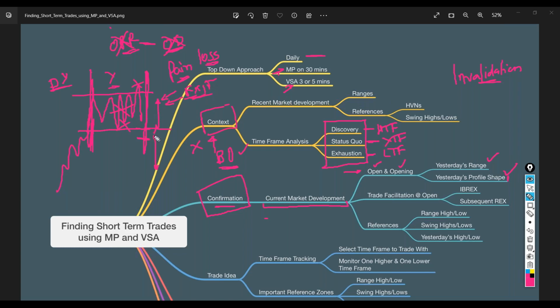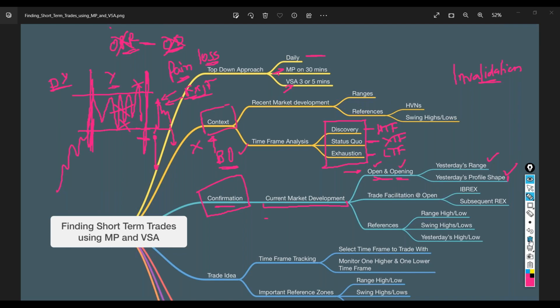So sometimes the market opens lower, comes back, but does not go to the previous day's high. Somewhere in the middle, it starts to go back down. Why? Because all these trapped traders are trying to exit now and they will sell at every opportunity. That creates supply and the market goes down. So yesterday's range, yesterday's profile shape, and where we are opening in relation to that will give you the initial idea.